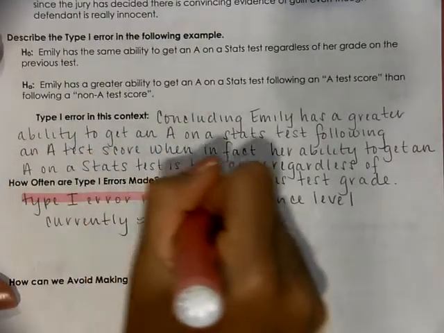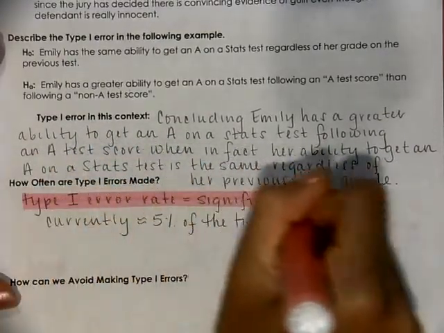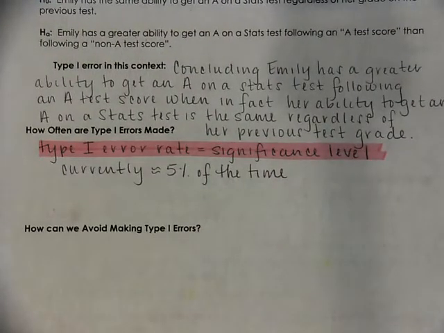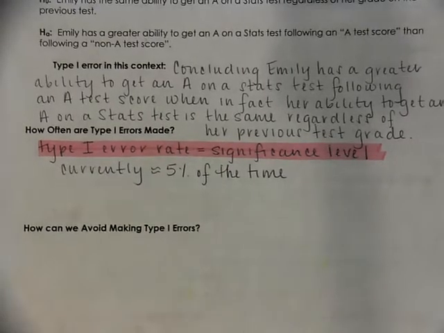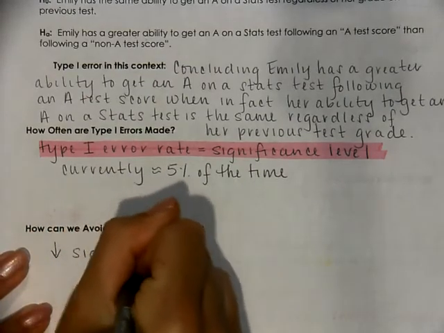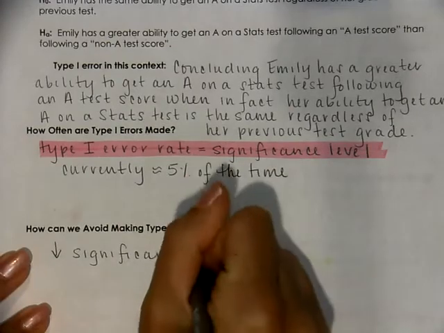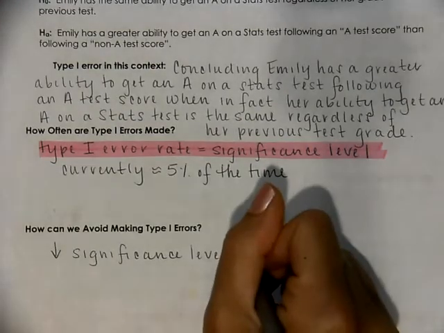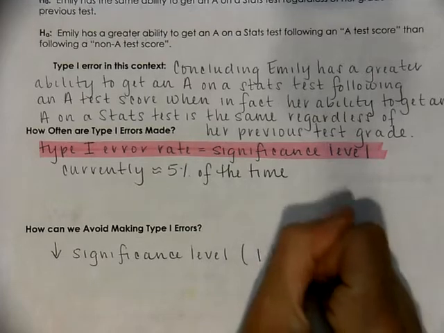Now, how can we avoid making type 1 errors? If our type 1 error rate equals the significance level, how do we lower that? Well, we simply lower the significance level. Currently in this class, we use 5% as our significance level, so maybe lowering it to 1%.